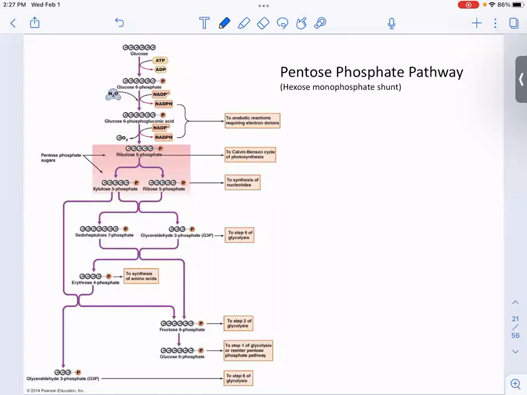Okay. But when do organisms use this pathway when they have glucose instead of glycolysis? Well, they actually can be doing both pathways at once. But organisms are going to use this pathway when a cell's needs are more biosynthetic.